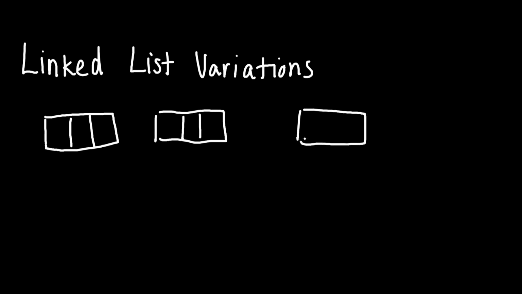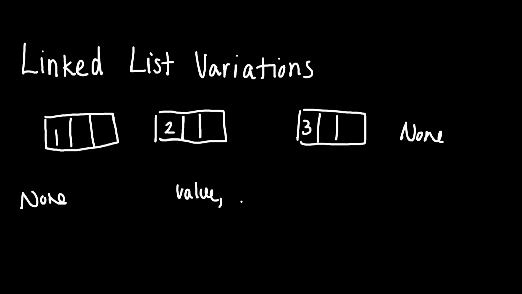Just like this. And we're going to have none here, and I should have left a little more room, but I can just say none here. So let's say we have our 1, 2, 3. Well, we now have value, we have next, and we have previous. And previous is, of course, a pointer to the node before it.